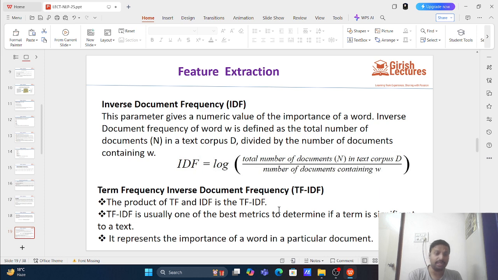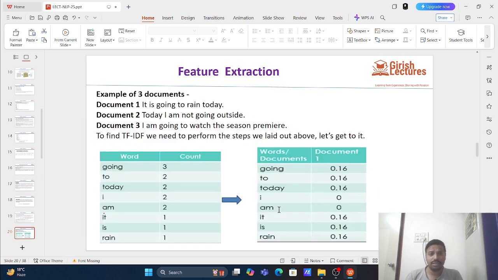Let's consider an example like this. Let's consider 3 documents. It is going to rain today. Today I am not going outside. I am going to watch the season premiere. Generally the first step is we should identify the vocabulary of the data. We have considered some of the vocabulary items, not all of them.